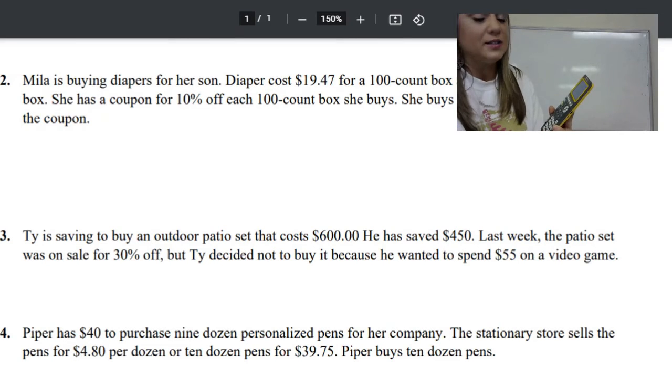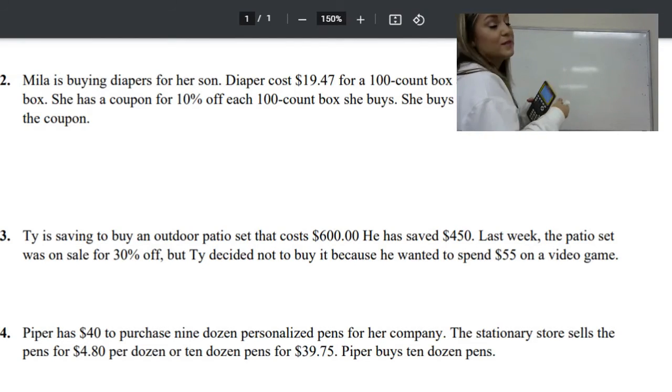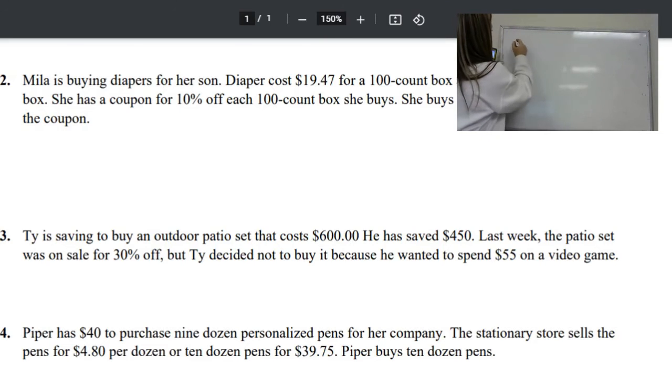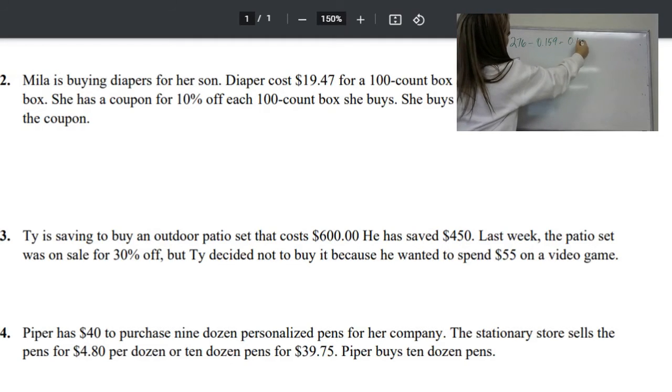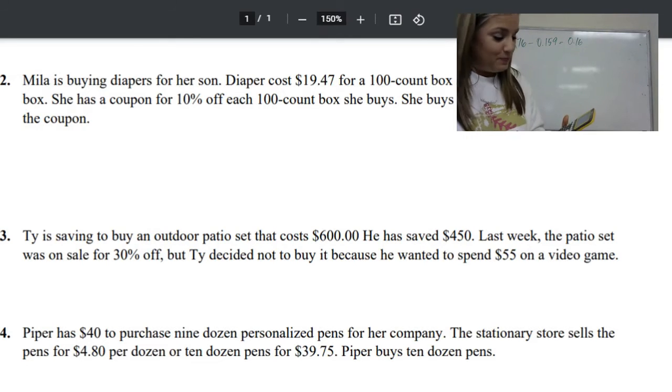Okay, so it cost about, I'm going to go to the nearest cent, or penny. Okay, so for 276 count, I have 0.159, which equals about 16 cents a diaper. Okay, that's pretty cheap. I mean, yeah, you go through a lot in a day, people.